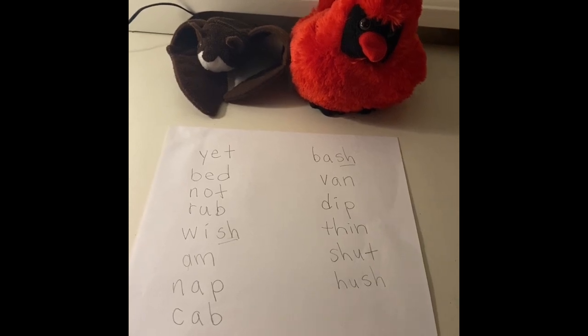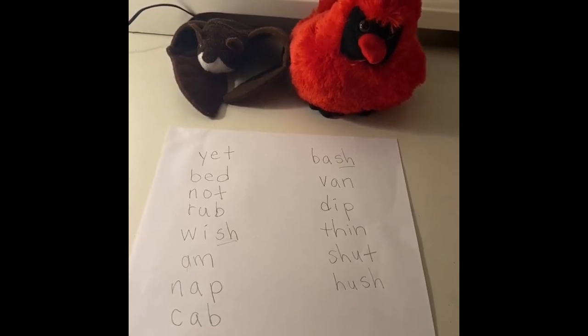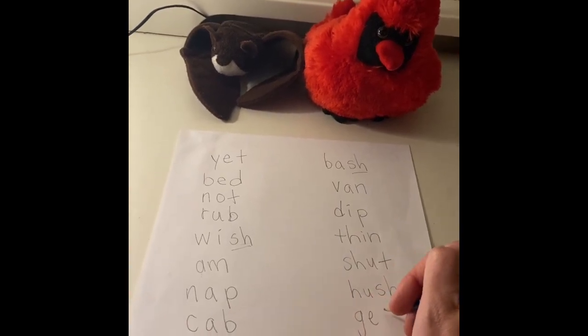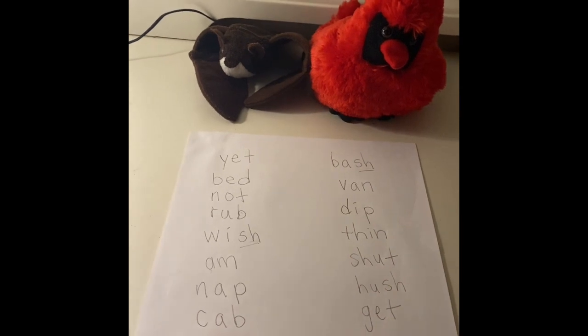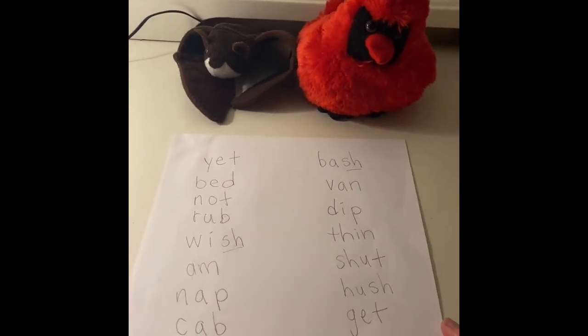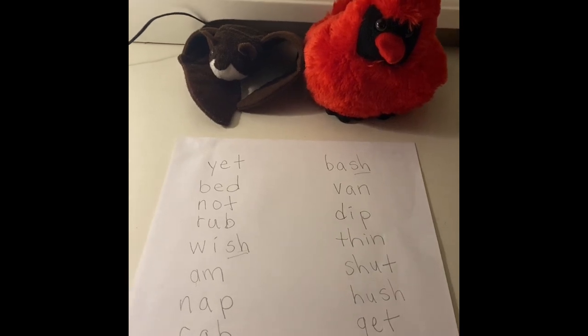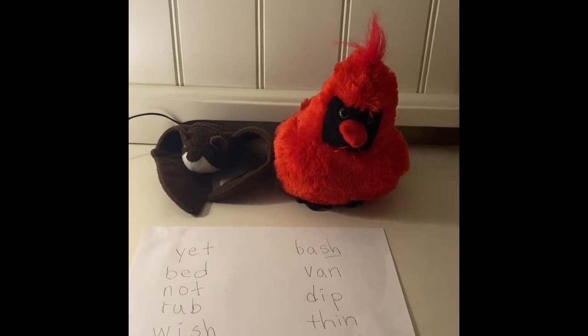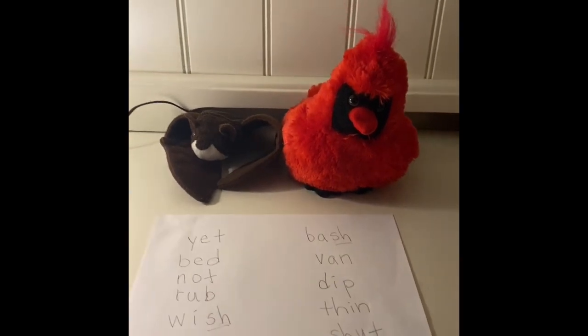Go ahead and write down the word get. Get. All right, everybody, practice rereading those words and go back and fix any if I went too fast. Little Tweet and Stella Luna, think you did an awesome job. Now later we'll do math and social studies. Good job, everybody.